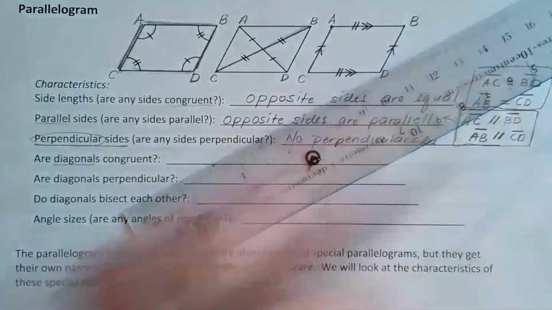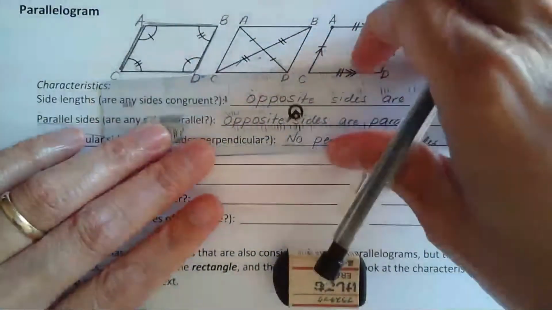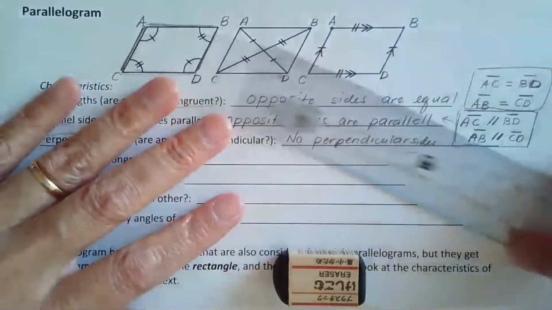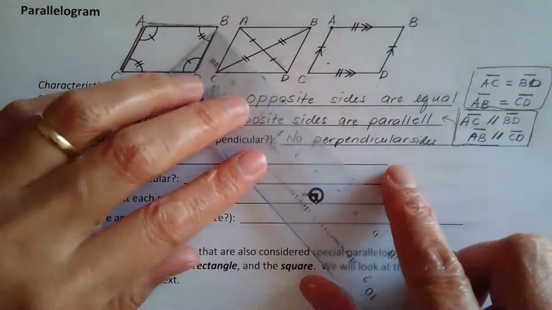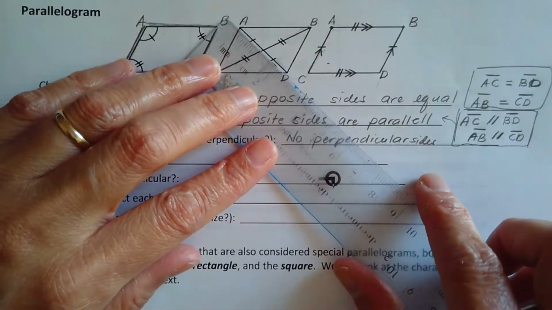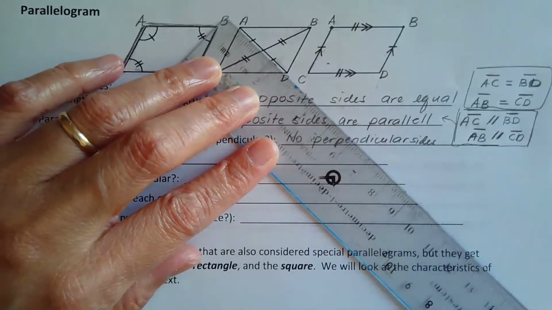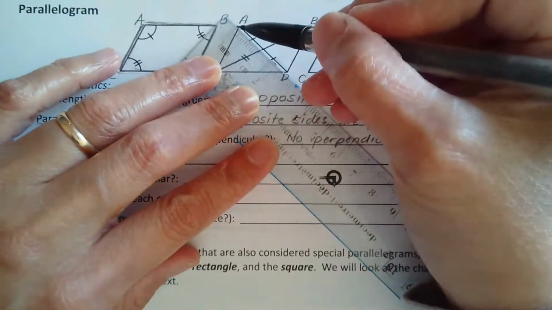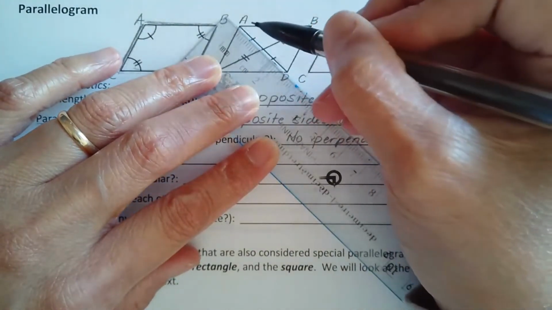So I'm going to show us that it is longer. If I go AD first, I don't know if you can see that, but it's from 1 to 2.5. So from A to D, that's 2.5.